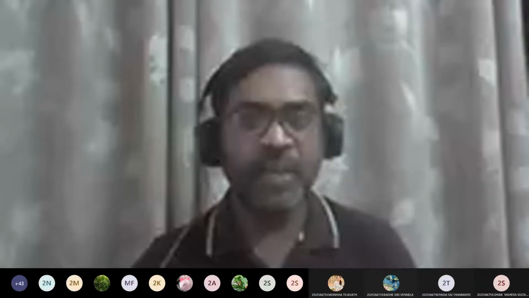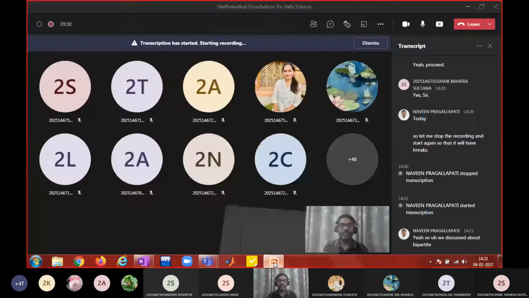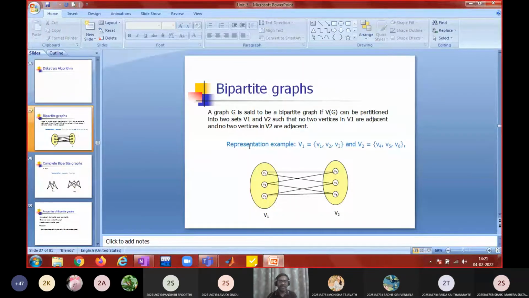We discussed a bipartite graph. So what is a bipartite graph?